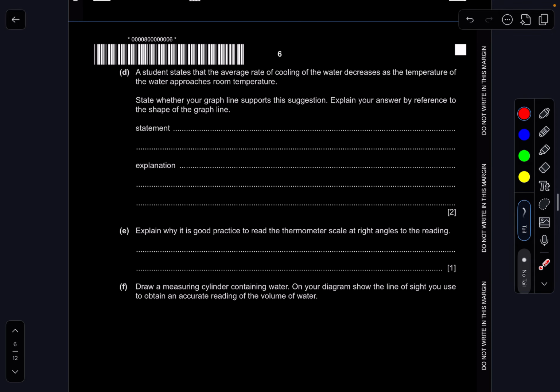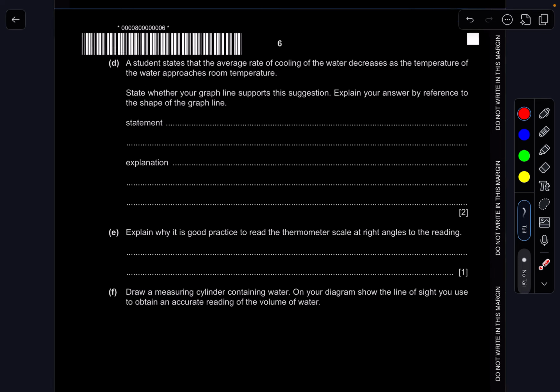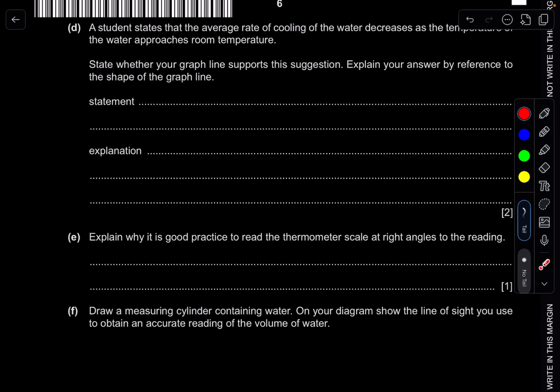In part D, a student states that the average rate of cooling of the water decreases as the temperature of the water approaches room temperature. State whether your graph lines support this suggestion. Explain your answer by reference to the shape of the graph that you have just plotted, right? You have to give reference to that.